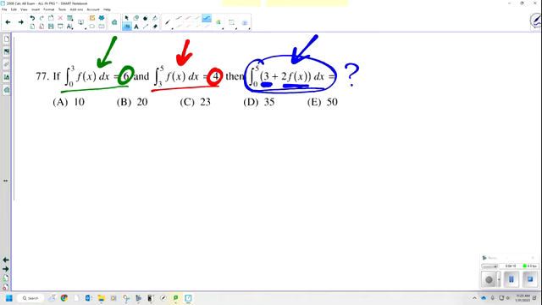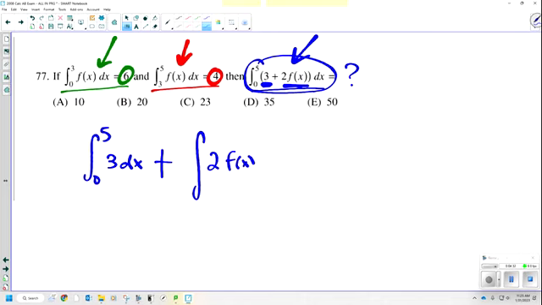I can just go down the line. So I'm going to start by saying it's the integral from 0 to 5 of 3 dx plus the integral of 2f of x dx, also from 0 to 5.